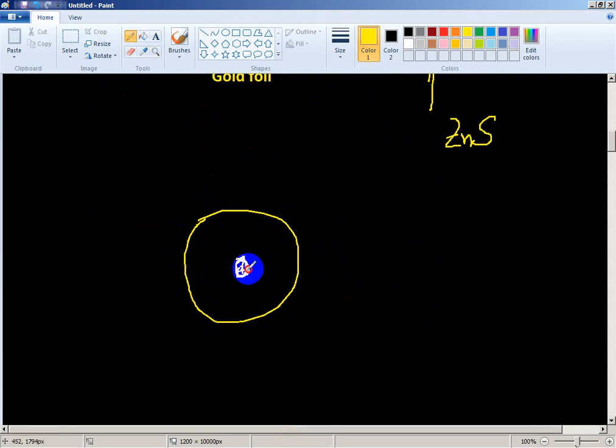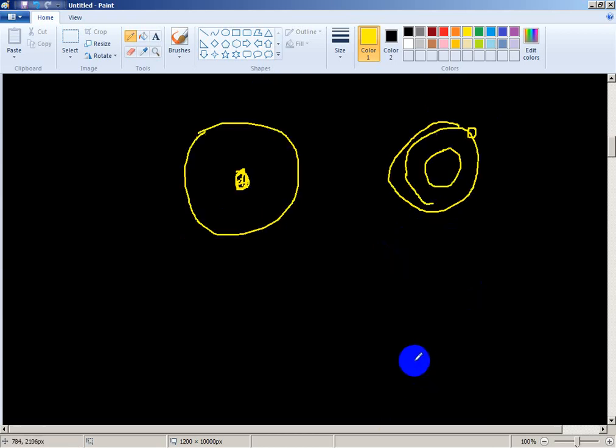Okay, this is the nucleus. Like this is the Earth, and around the Earth the moon is revolving. And due to an attraction force, the moon doesn't go away into space.